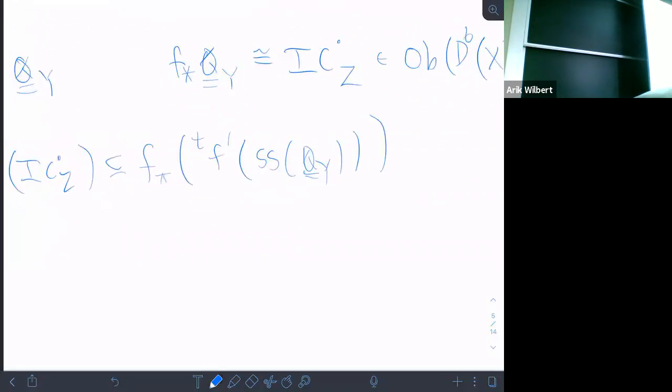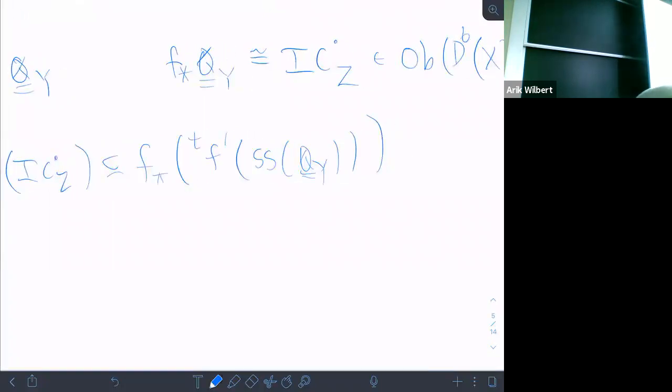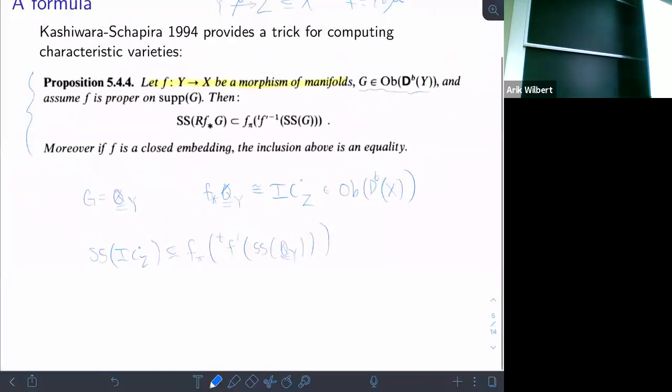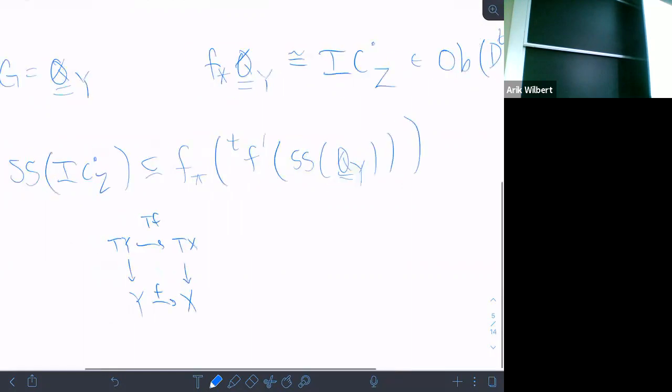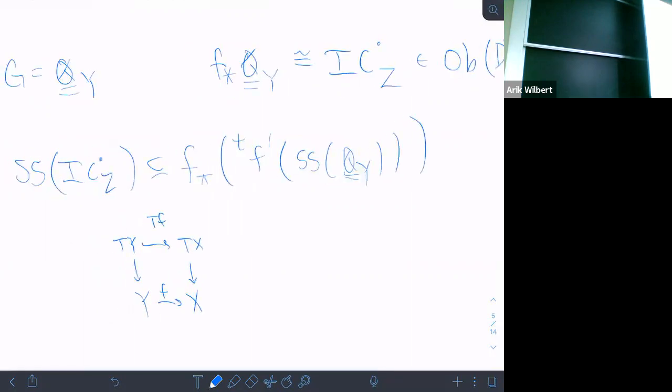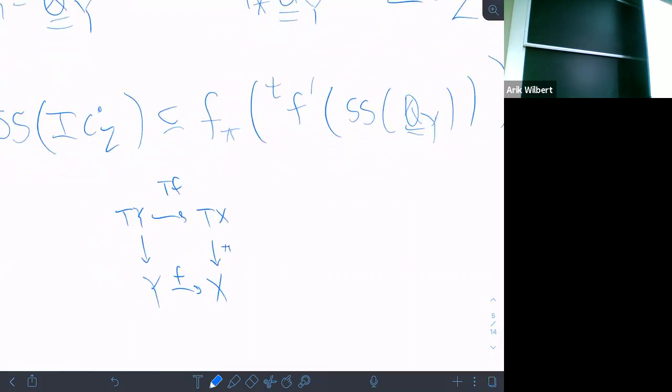Now let me explain their notation. They start with Y to X as the smooth map, and so a tangent map. Call this pi.